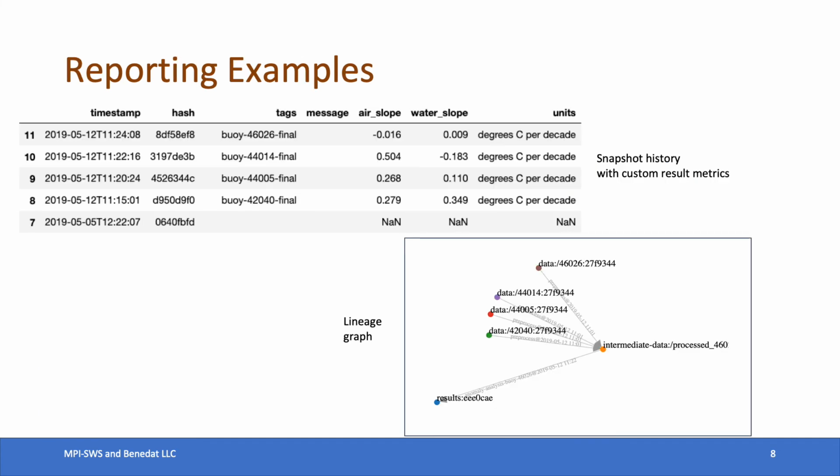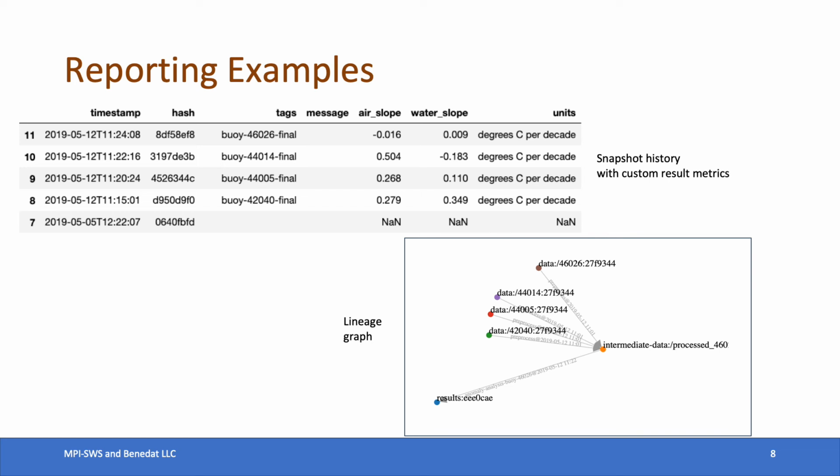The information captured on your experiments is made available through a number of reports. In this slide, we see two examples. The upper left-hand corner shows a snapshot history from the buoy data science project. We have a number of rows, each one per snapshot, and these can be across all the collaborators, so it's a common history of the project.